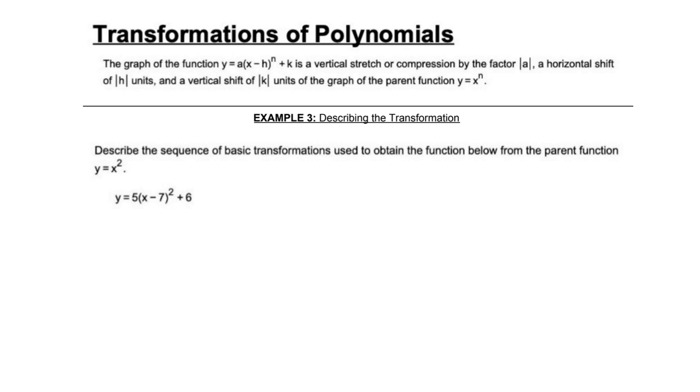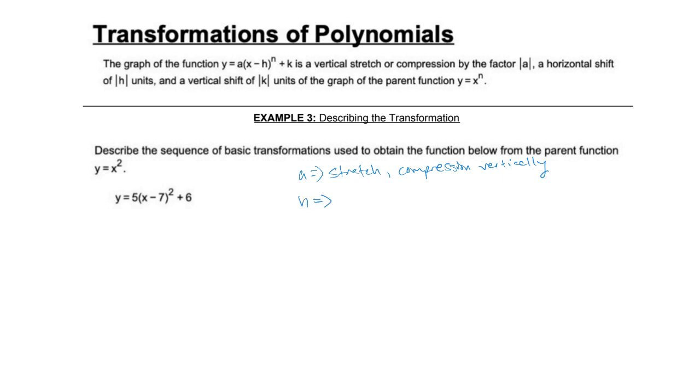All right, then the last point of emphasis in this section is transforming polynomials. This shouldn't be too hard for you. It's pretty much the same as what we've been doing for transformations. What you need to do is figure out your A. Your A, remember, tells you it's either a stretch or compression vertically.